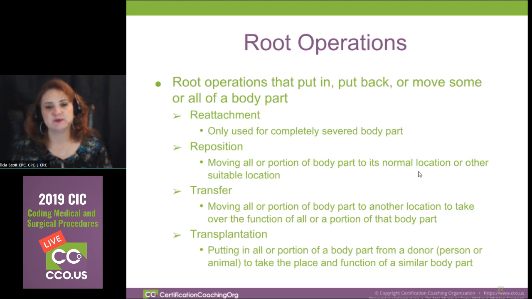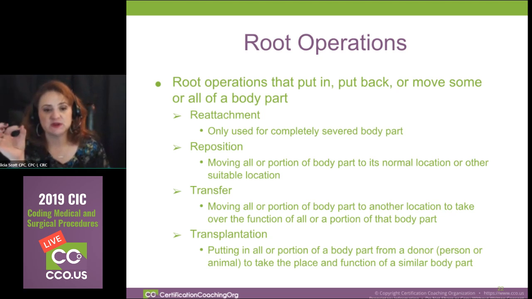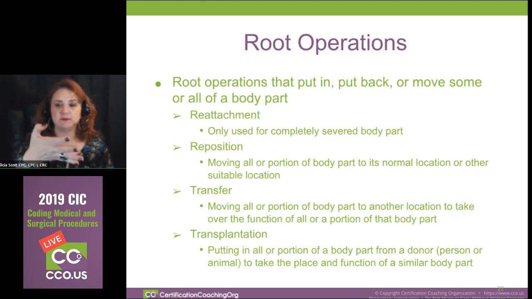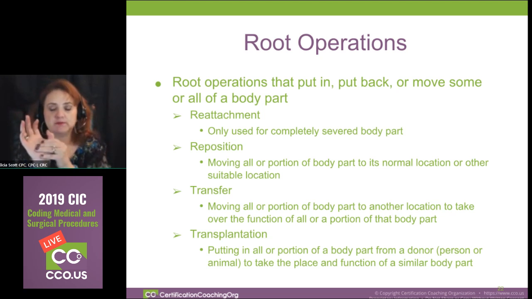What are the things that we can do when we put in, put back, or move some or all of a body part? Reattachment, reposition, transfer, or transplantation. If we're going to reattach something, you only use it for completely severed body parts. So my thumb was amputated. They're going to reattach it to my hand. All right, simple. It's the whole body part, the whole thumb.